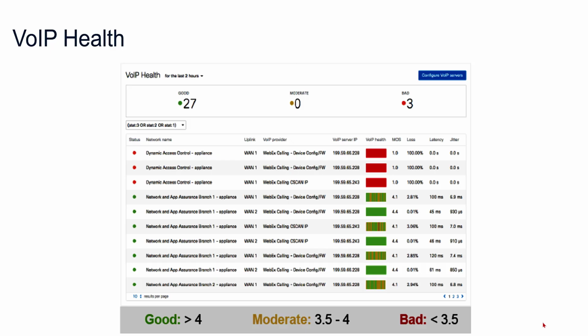The MOS value combines latency, jitter, and packet loss into a single score that represents what the call quality would actually sound like to a user. So instead of looking at raw metrics, we're actually getting kind of a human experience score. Okay?